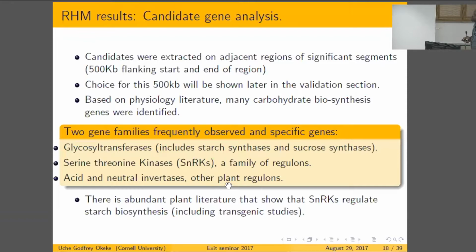We also see invertases, both neutral and acid, and some other plant regulatory regions. So we also looked on literature, and we saw that these serine kinases already have transgenic studies which are implicated in starch. So before I go on, I want to point out that our goal was not really to say that this gene is what is causing this, but we kind of think that these genes may be tagging regions which are very interesting for dry matter in cassava.